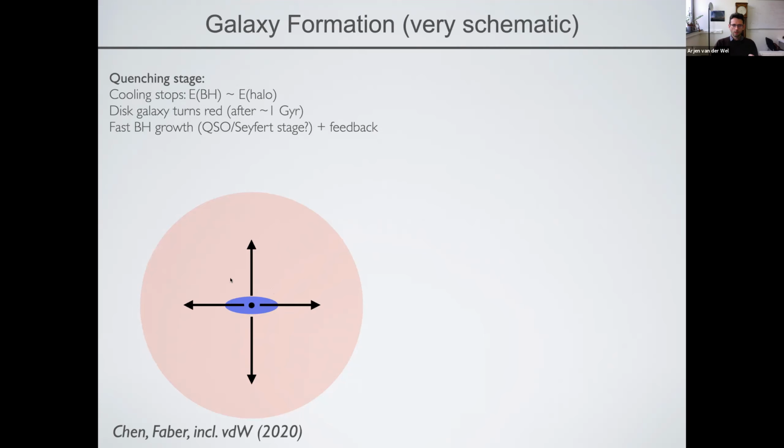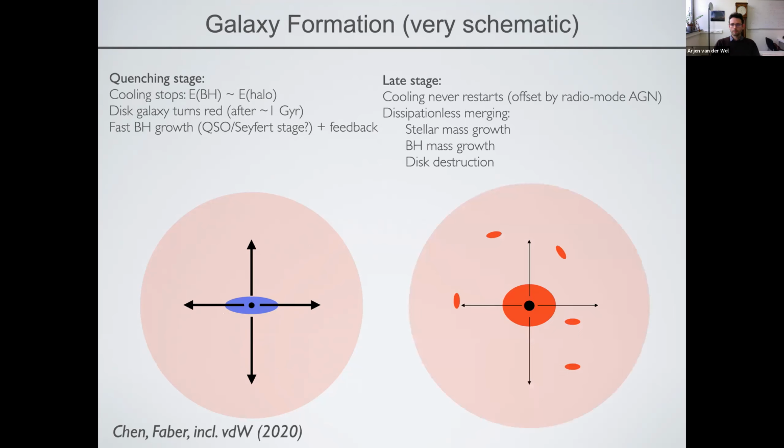So then after a gigayear or so, the gas supply has run out, and you still have a disk, but it's become quiescent in terms of star formation. So then the late stage of galaxy formation, at least for massive galaxies, is that the only way to grow anymore is by merging with smaller satellite galaxies.